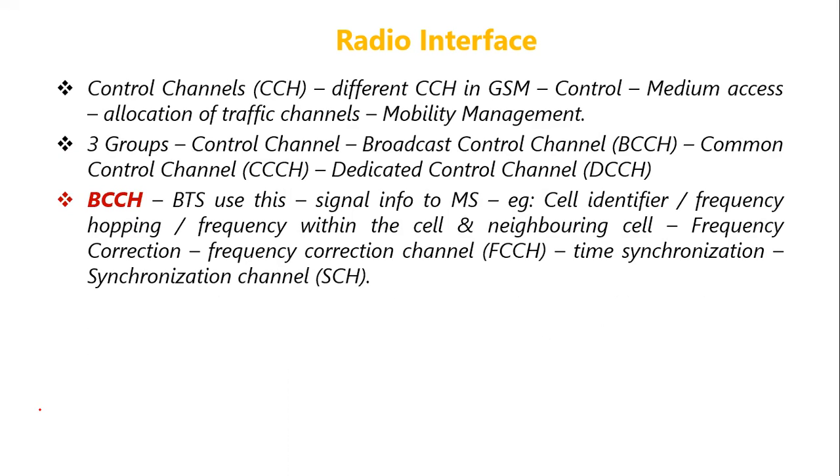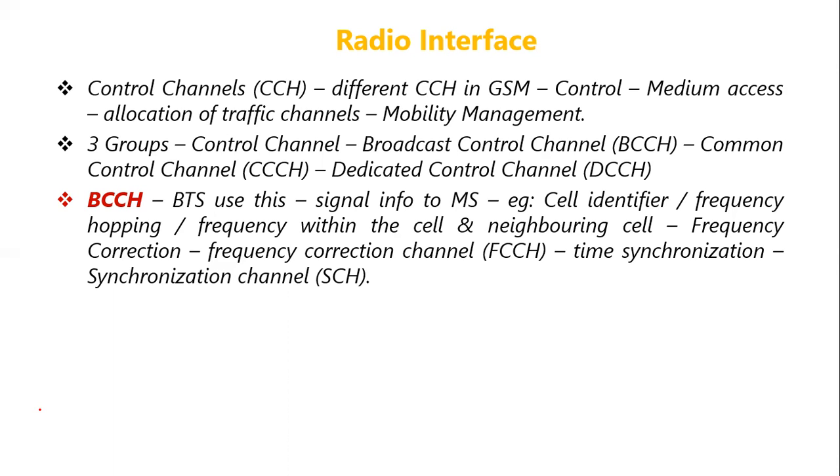The BTS uses the access grant channel to signal an MS that it can use a TCH or SDCCH for further connection setup. When more than one mobile station tries to make a call connection at the same time, there may be a collision.